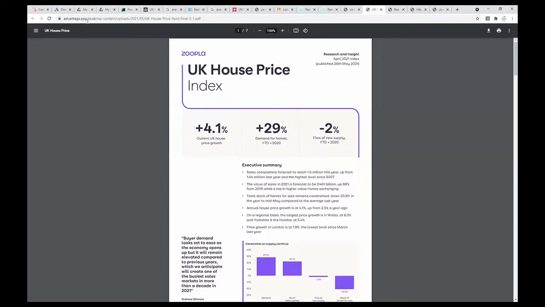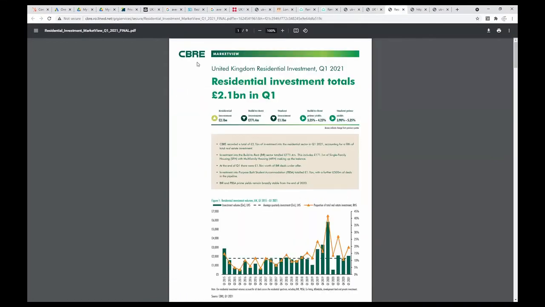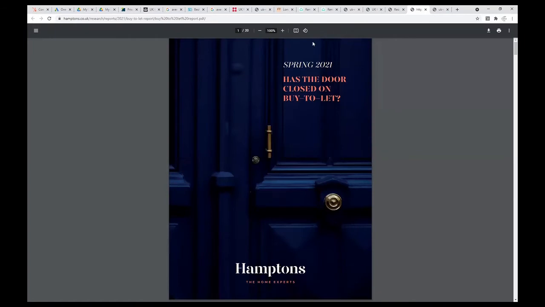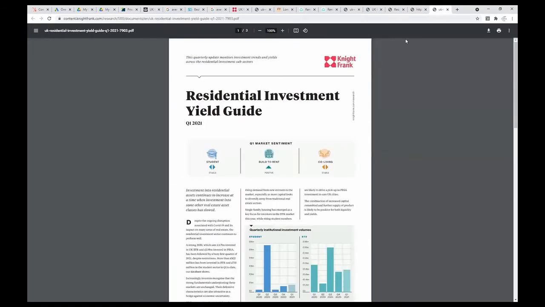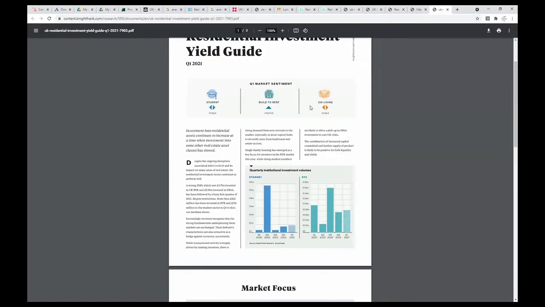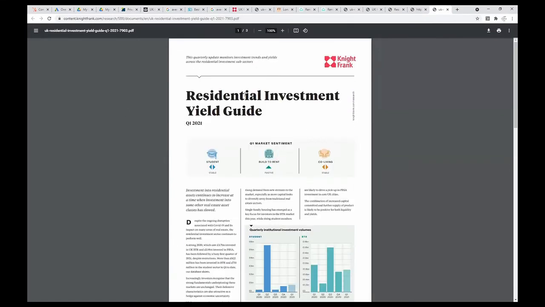I've looked at Zoopla as well. I've also looked at certain mortgage lenders like Aldermore, and CBRE as well. Hamptons, which was quite insightful. And again, another Knight Frank report here as well. And again, I'm looking at Q1 2021, but certainly within the last 6 months.